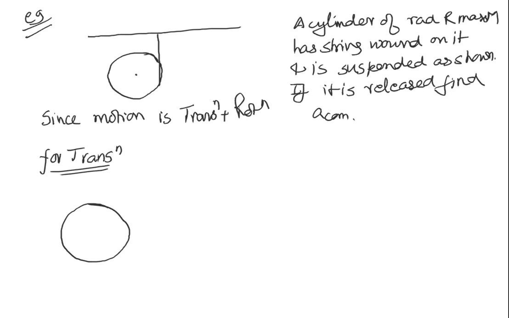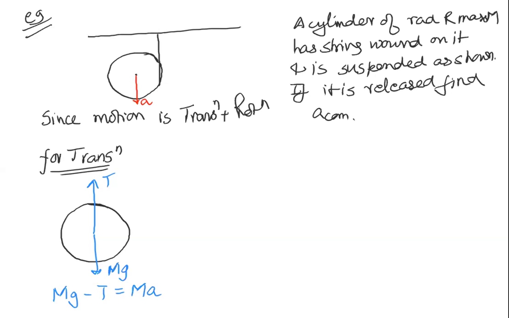You don't care where the forces are acting; you just know that all forces are acting from the center of mass. So the tension is acting upwards, mg is acting downwards. Therefore, mg minus T must be equal to m a. Notice that I have already assumed that the acceleration of the center of mass, a, is downwards.